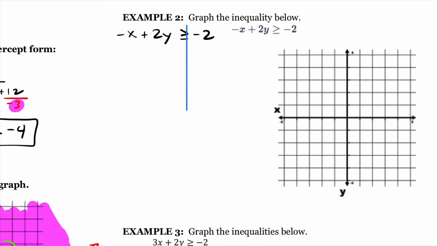So the first thing I'm going to do is I'm going to add 1x to both sides. I can't add -2 and 1 because -2 does not have an x. So I'm going to write positive 1x, or just x, minus 2.